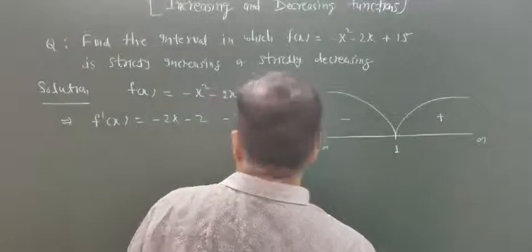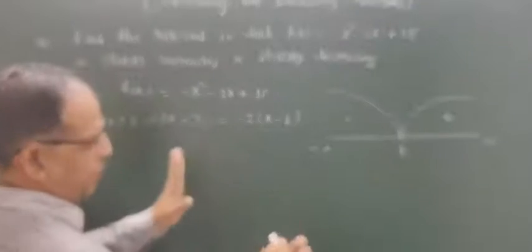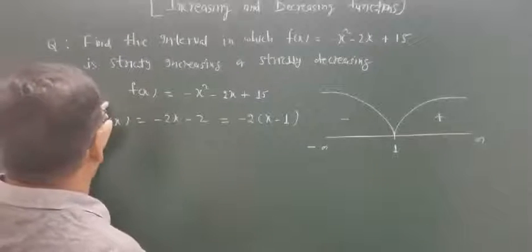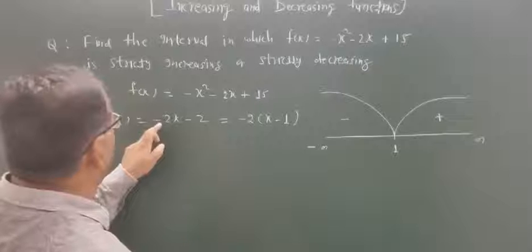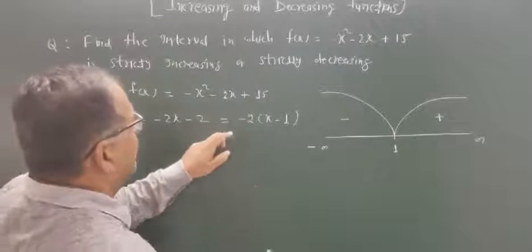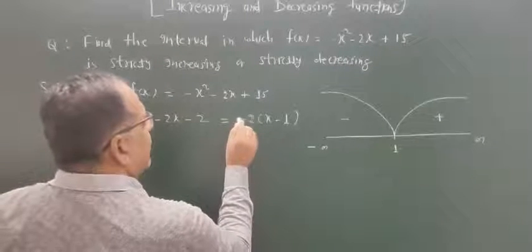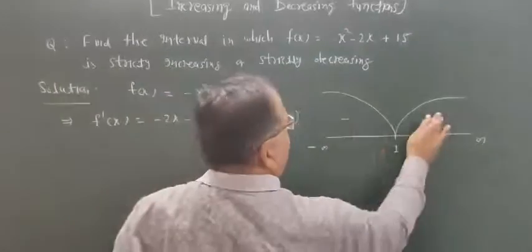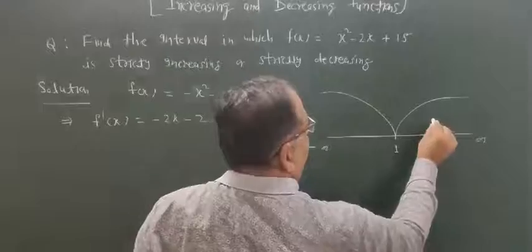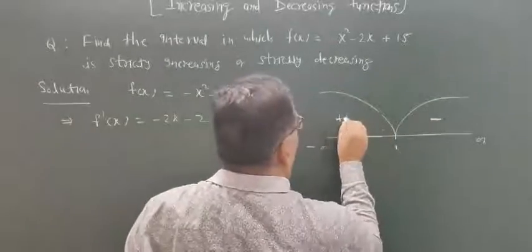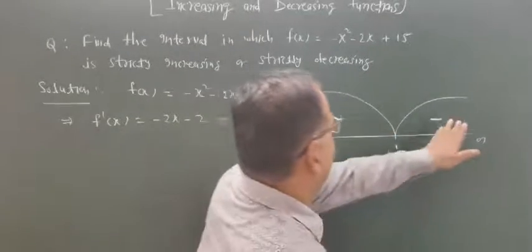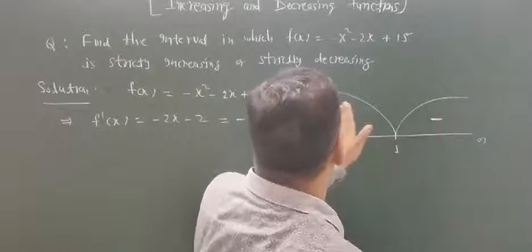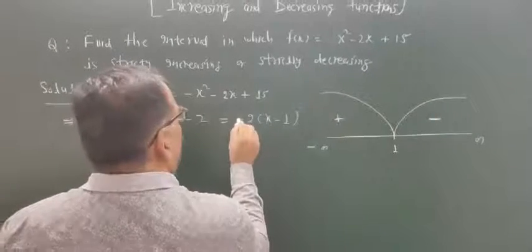So draw this figure in plus and minus. But keenly observe there please, f dash x equal to minus 2x minus 2. But here the negative sign is outside the bracket. So due to this, the sign of this operation will be changed. So we have to take the minus sign on the right and the plus sign on the left due to this minus sign. Okay.